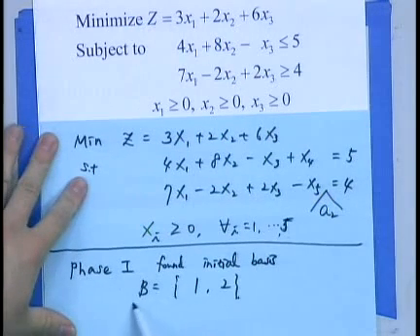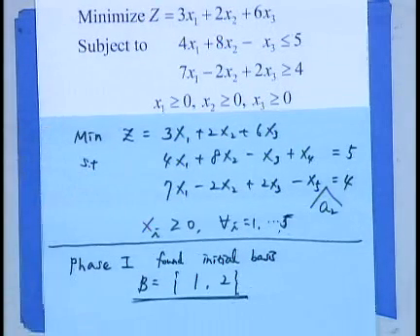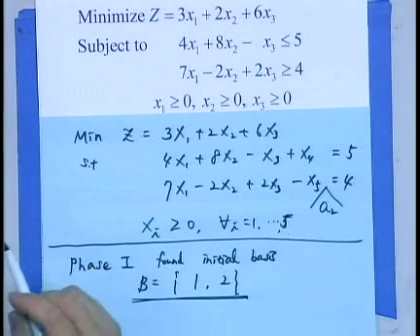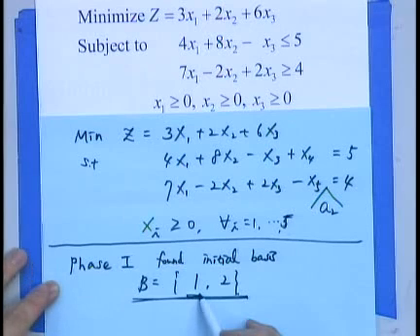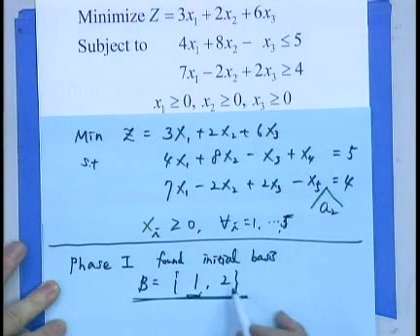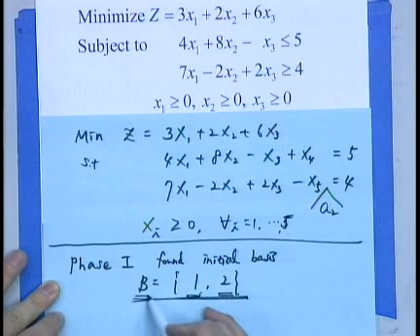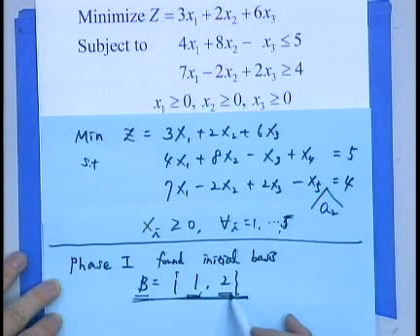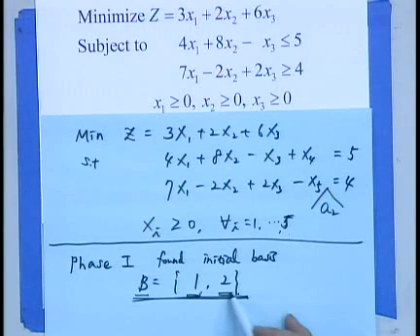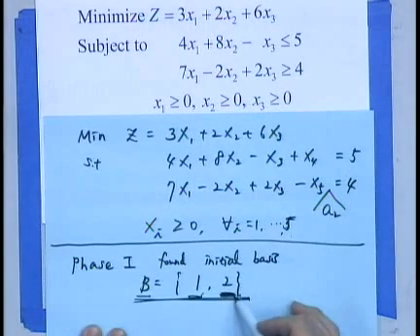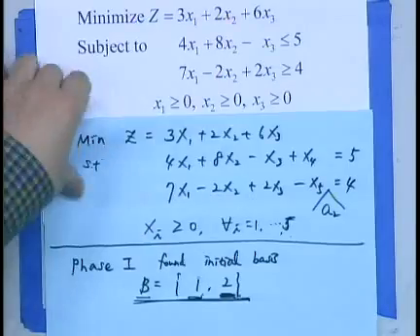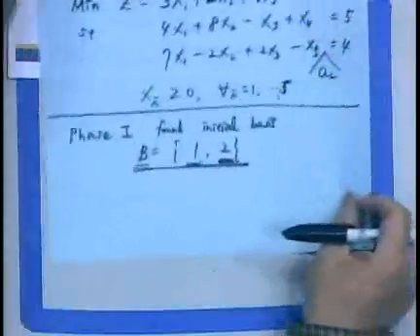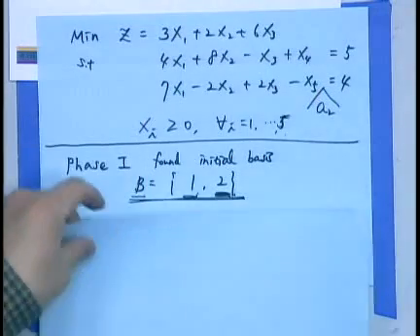Then what does this mean? Initial basis is 1 and 2. The first element is the basic variable in the first constraint, right? Which means x1 variable is the basic variable in the first constraint. Likewise, the second element of B is the basic variable in the second constraint, which means x2 variable is the basic variable in the second constraint. So now we can begin the first iteration of phase 2.